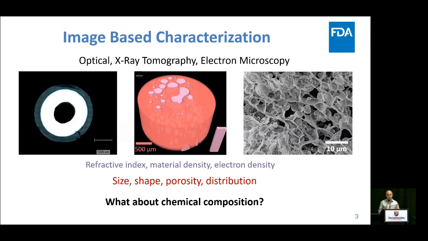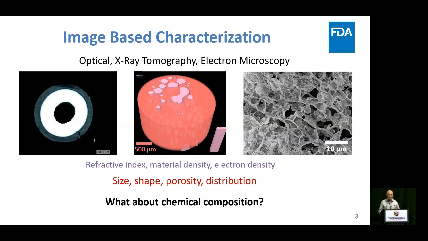We can see the globules of the UV filters, but we can't really generate contrast between those UV filters to really identify them, right? So we saw there are great examples of size, shape, porosity, distribution going a long way in characterization of complex excipients and complex drug products.